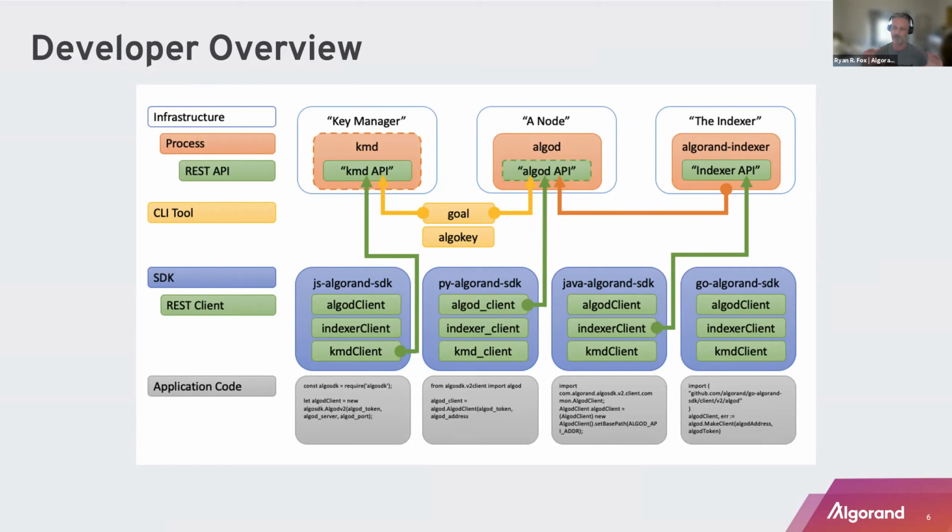And then each of those SDKs implement a client that will connect back up the stack into that infrastructure piece so that you can send transactions and pull data back from an indexer. And then ultimately, at the very bottom line, that's where you're going to be writing your code, and we'll show you how to instantiate all those clients as well.